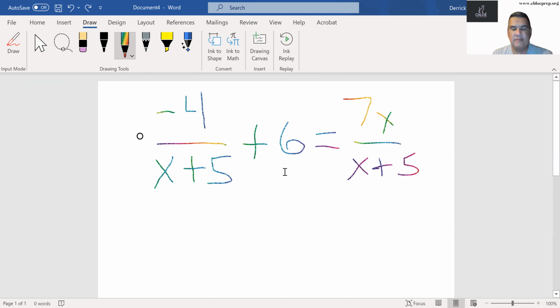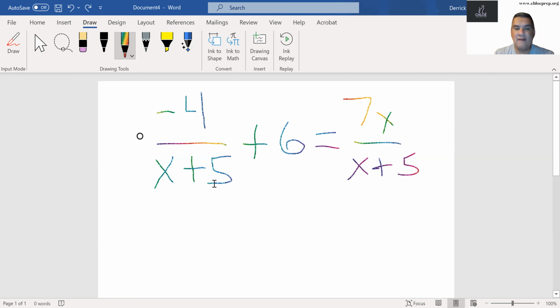When we were doing the foiling method, the quadratic equation, we were trying to turn things into 0. Well, in a rational expression, for now, you cannot have 0 on the bottom of a fraction. Just know that it is a thing when you get to calculus. But where you're at in algebra right now, you cannot have 0 on the bottom of a fraction.